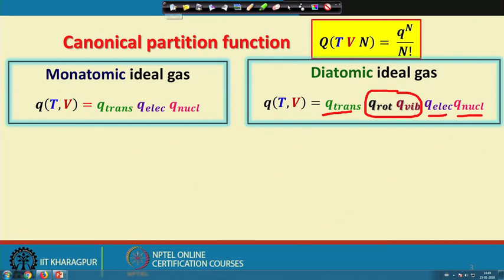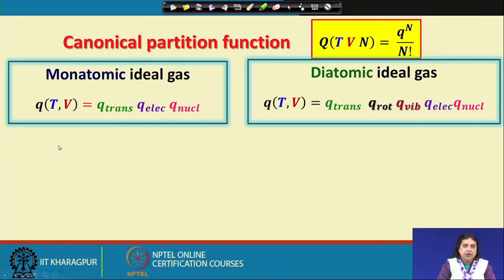Now, if we remember what happens as a consequence of this, we know that we are able to calculate the small q's under certain approximations, and it is possible to show that irrespective of whether you have atoms or molecules constituting the gas, the translational partition function can be written in terms of the volume V in which the gas is present and lambda cubed.